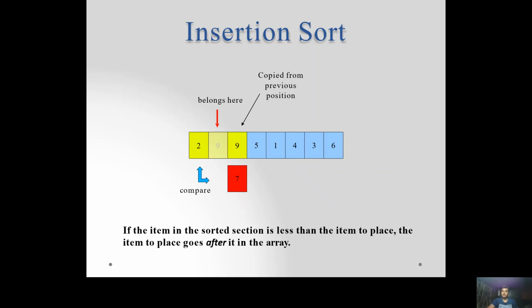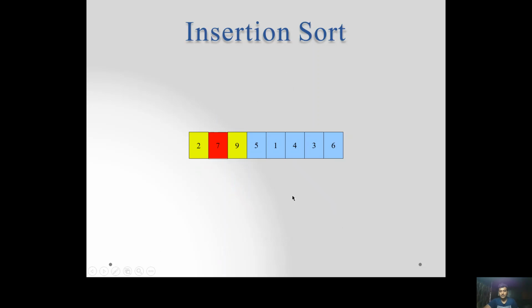The item in the sorted section is less than the item to place, so the item to place goes after it in the array. Now we take 5. 5 is smaller than 9, so we shift 9 to 5's place. Compare it to 7, and 5 is smaller than 7, so 7 is shifted to 9's place. When we compare it to 2, 5 is greater than 2, so we place it in place of 7.